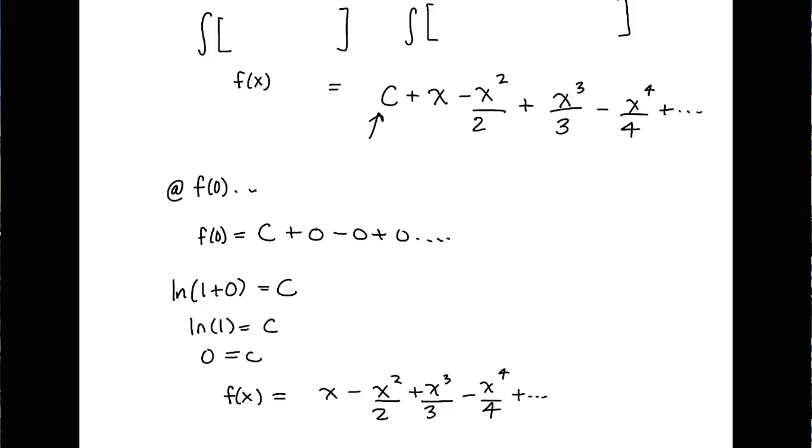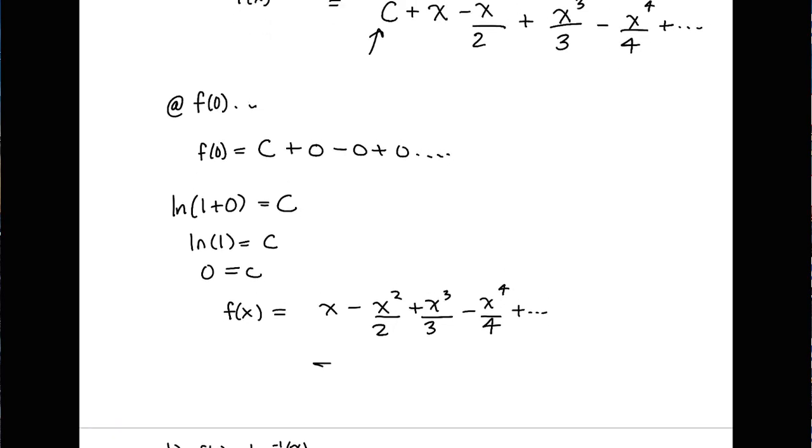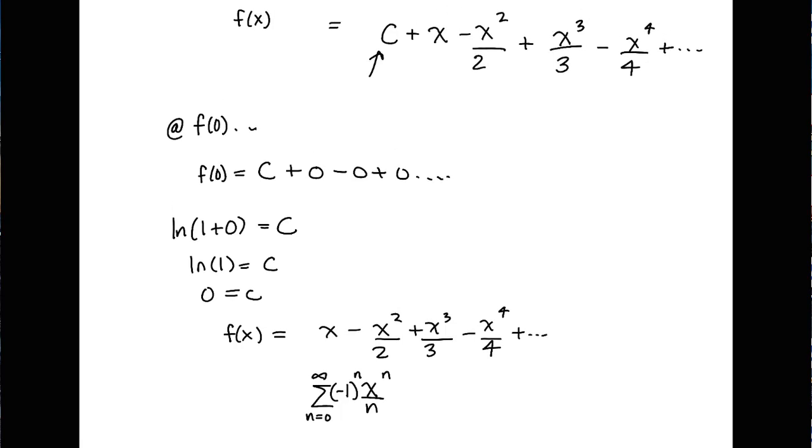To write a power series representation for that, it looks like we need x to the n, and we need an alternating sign. This is kind of a guess and check for me and probably for a lot of people.